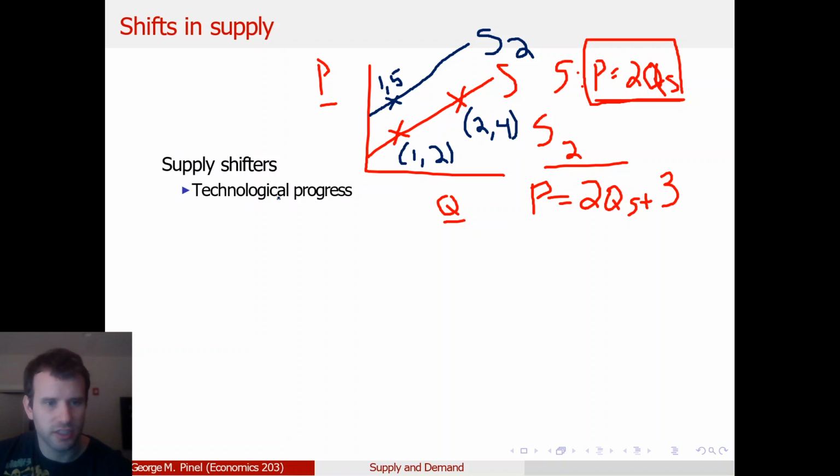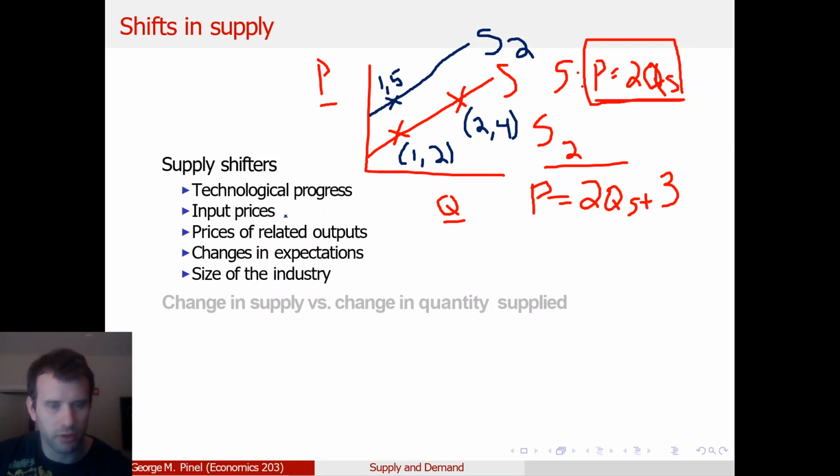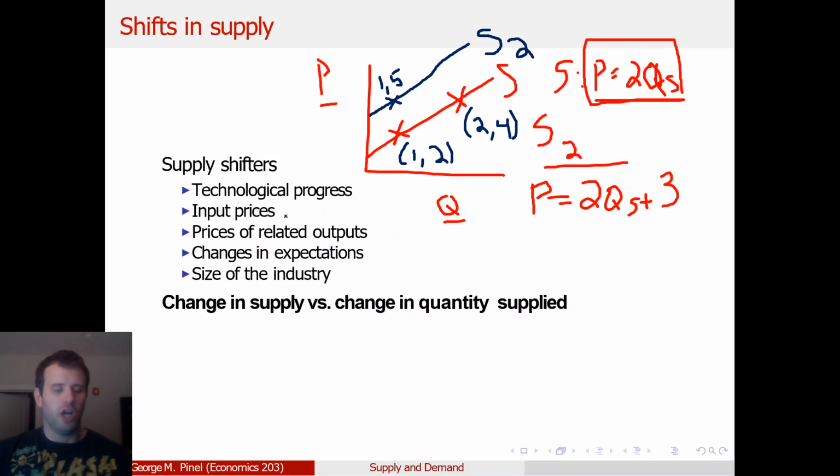So I talked about the supply shifters, and I don't want to talk too much. Let's put them all up, and then I'll give a brief one-line summary. Technological progress and input prices essentially deal with the overarching cost it takes to produce something.